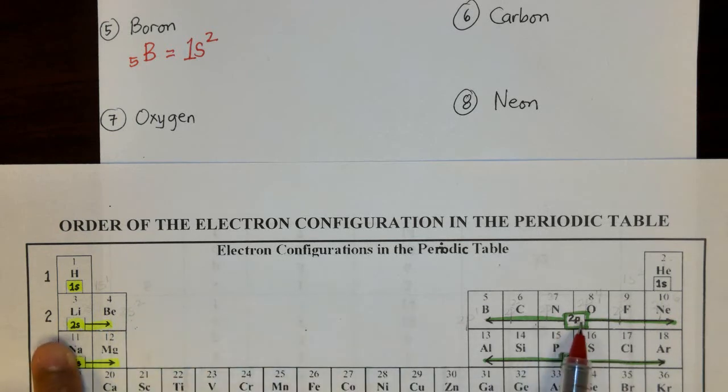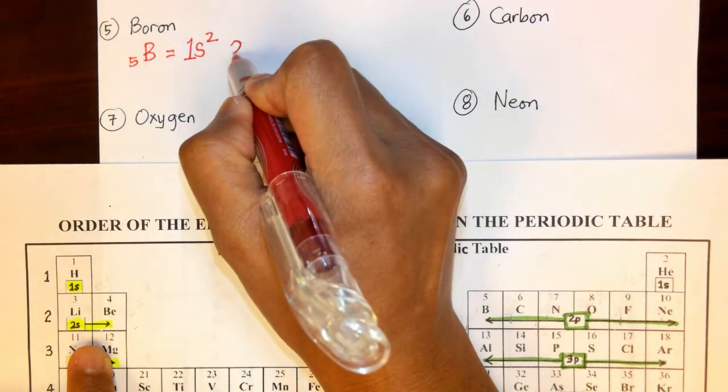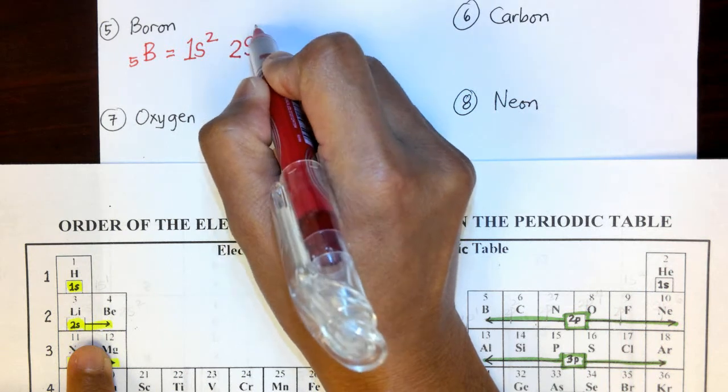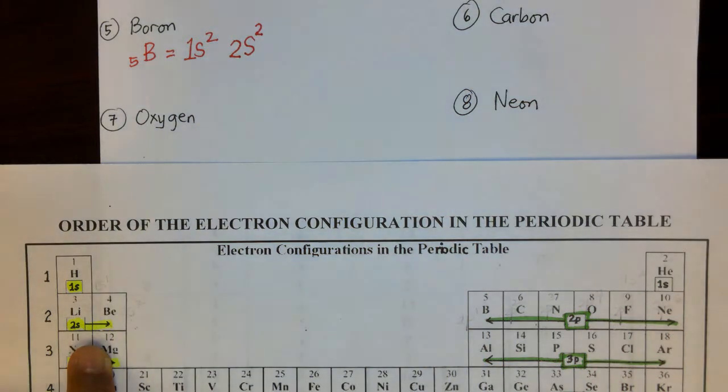Before this green part here, there's still a 2s. So don't ever forget to look at the left side first. This is your 2s here, and how many elements are here? There are 2. So that's going to be a 2s, and there are 2 elements that I pass by. So 2s2.